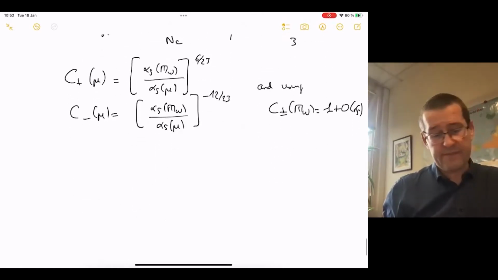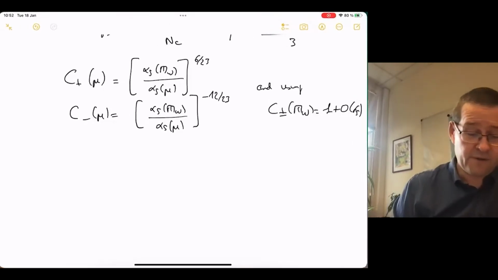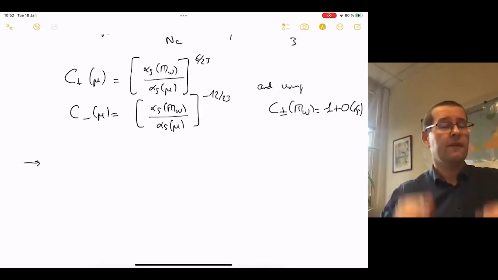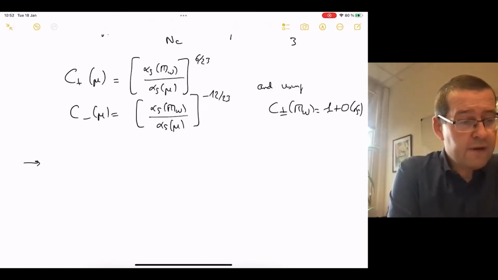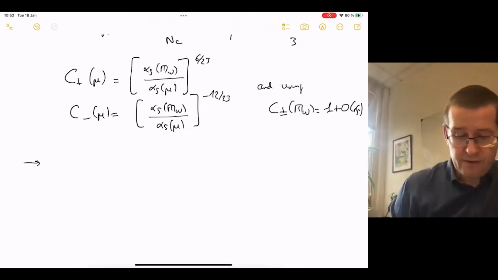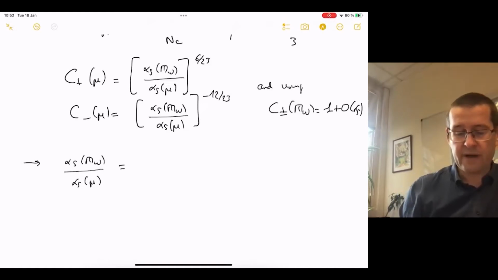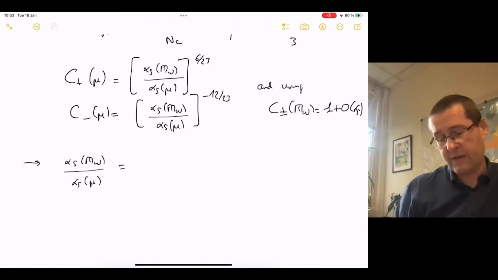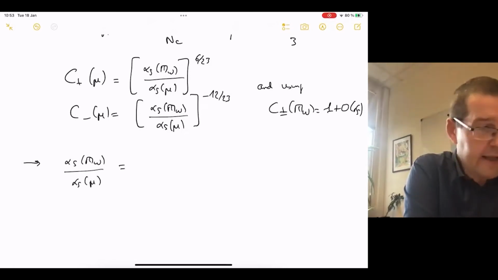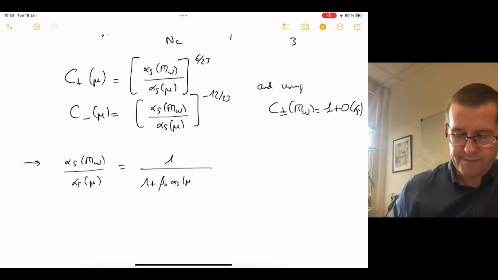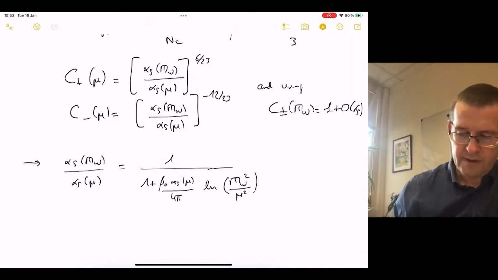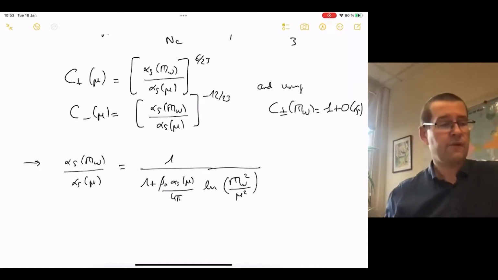And when we do that, what we've achieved this way is just to solve, quote unquote, the problem of the large logarithms. Because when you look at what you have, alpha S of MW over alpha S of mu inside this is exponentiated to some power. And then you can just re-express this expression in terms of alpha S of mu.